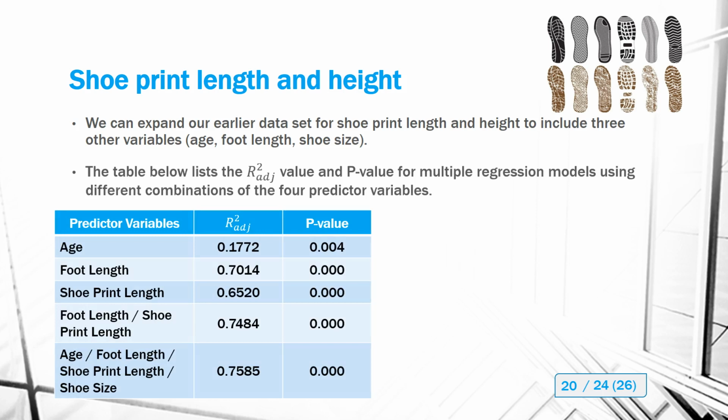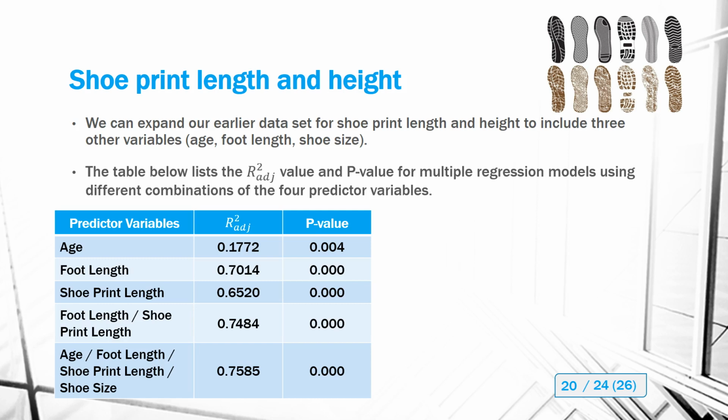Here we have a table listing the adjusted R-squared values and p-values for models made with different combinations of these predictor variables. For example, in the first row, underneath the headings, if I make a model that has just age in it, then my adjusted R-squared value is 0.1772 and my p-value is 0.004.